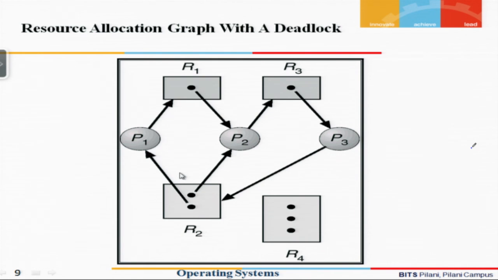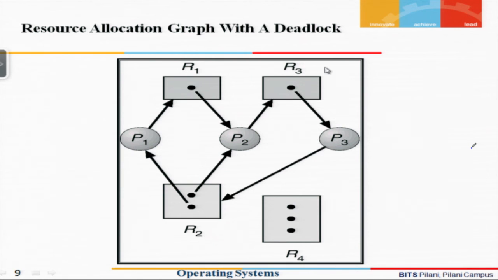The cycle is P1 to R1, R1 to P2, P2 to R3, R3 to P3, P3 to R2 and R2 to P1. This is one cycle. There exists another cycle as well, P2 to R3, R3 to P3 and P3 to R2.